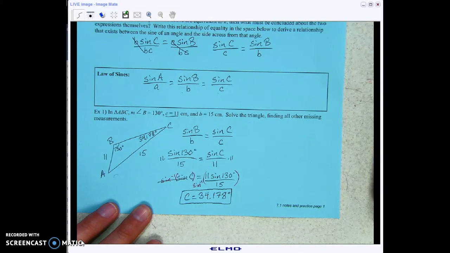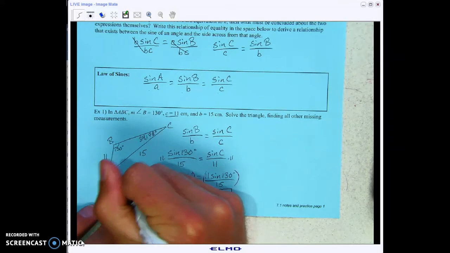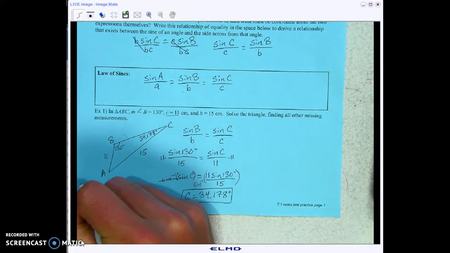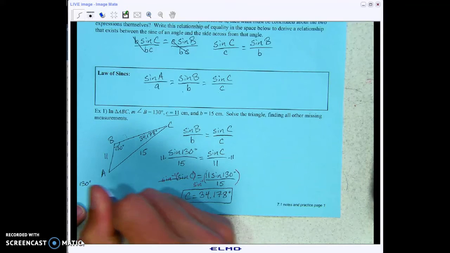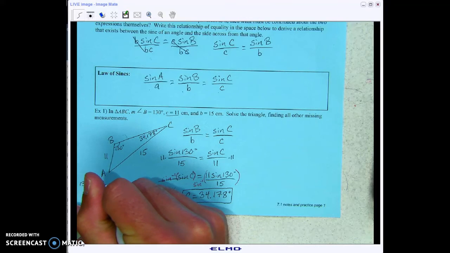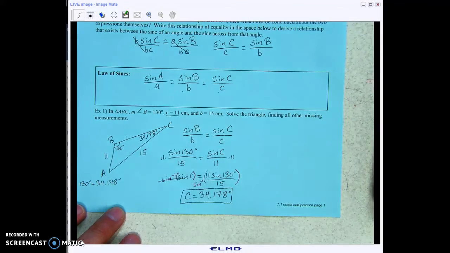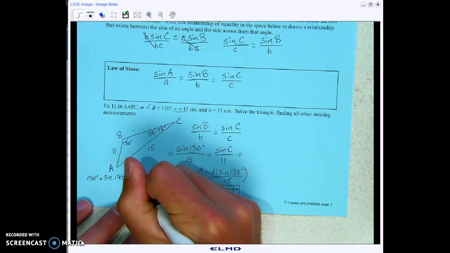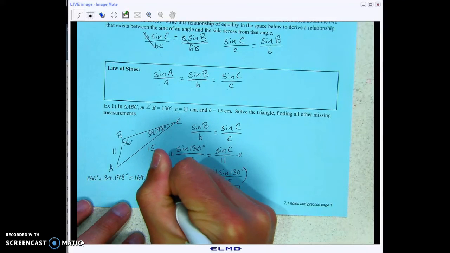That allows me to build on this triangle a little bit, because now I can find this missing angle, knowing that all three angles in this triangle have to add up to 180. So next I'm going to add 130 and 34.178, and that's going to be equal to 164.178. I can do that without a calculator.